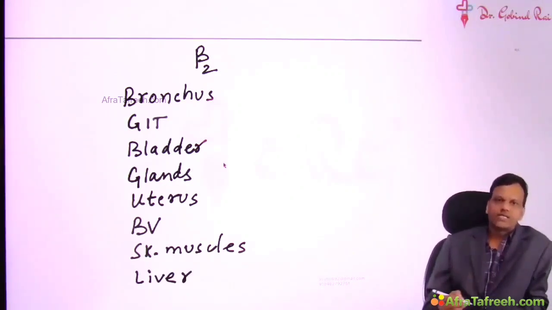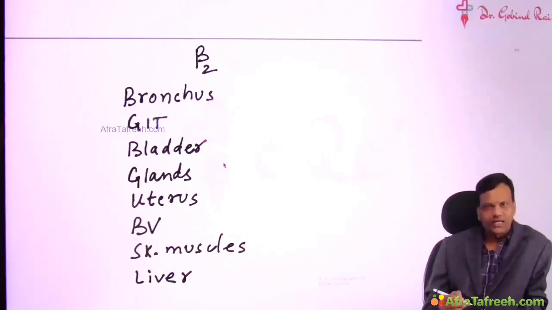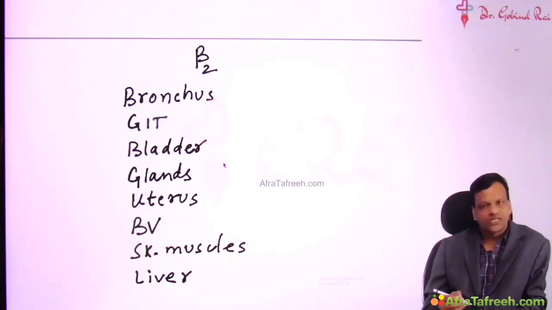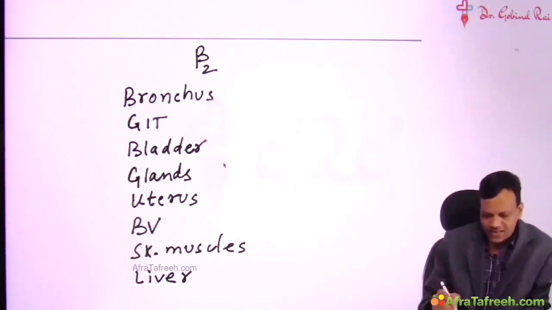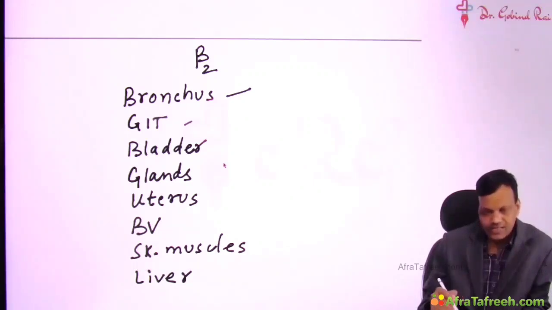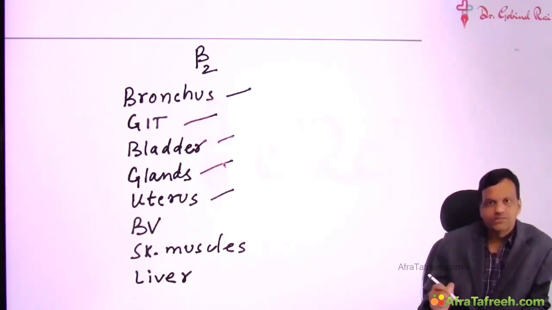As we discussed, sympathetic system stimulates the heart and relaxes most other parts of the body. And we know in the heart we have beta 1, so it is stimulatory. In all other parts we have beta 2, so it is a relaxant. So in most of these places beta 2 will cause a relaxation or inhibition. It will relax the bronchus, relax the GIT, relax the bladder, relax the glands, relax the uterus.